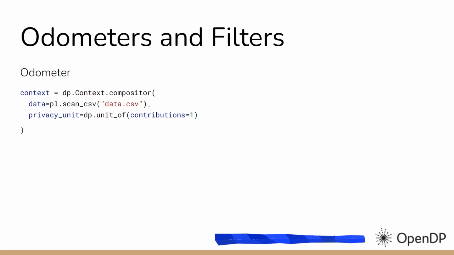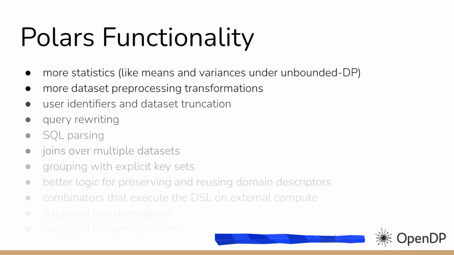A lot more Polars functionality, more statistics, more dataset pre-processing transformations, working with user identifiers, as has been brought up in the comments. And it just goes on and on. So I left a link on the bottom, a prioritization poll. Would love to have your thoughts and opinions on what would be useful.